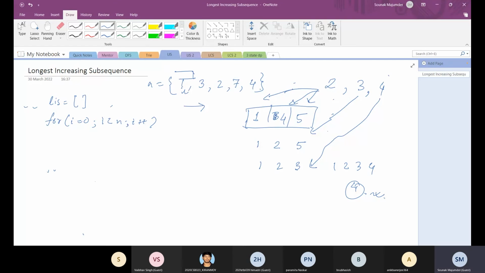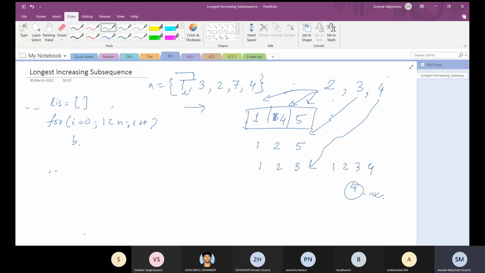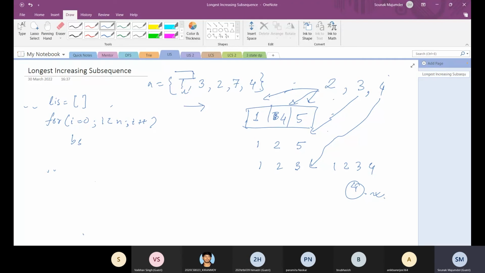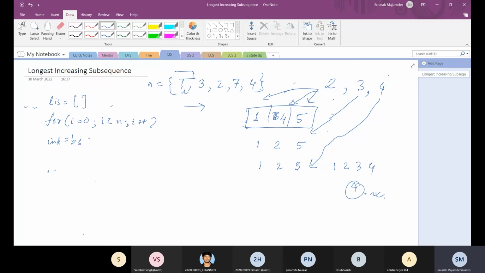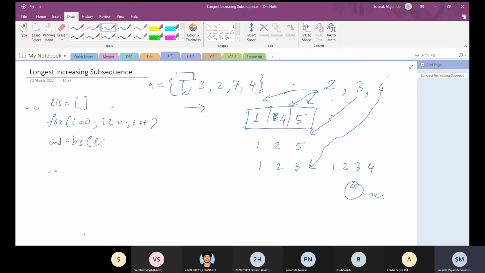So why do we need to go for a linear search? We can easily do a binary search. So let us assume there is a function, binary search, which finds the smallest element which is larger than that element. So index is equal to binary search of lis comma a of I.